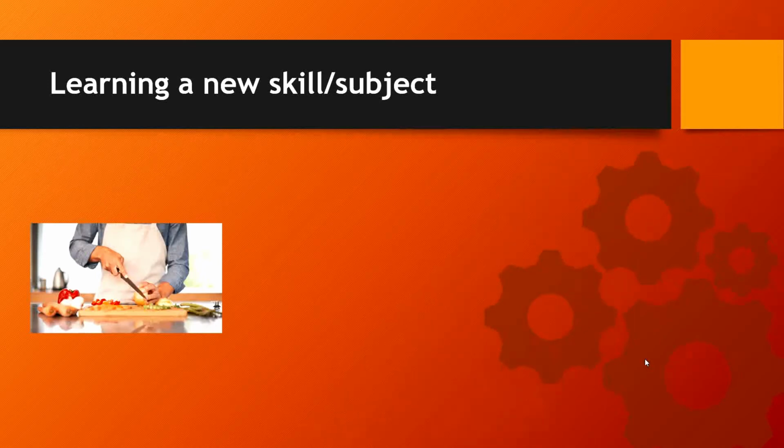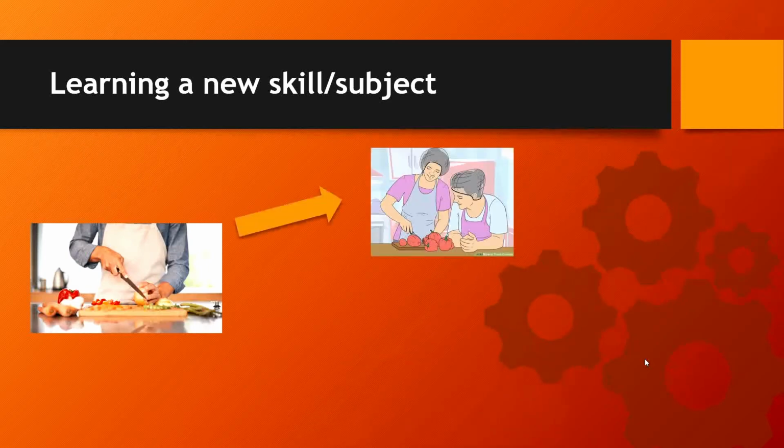Broadly, there can be two ways in which you can learn cooking. The first way can be with the help of a teacher who can be a professional chef, a family member, or even a friend. So you can go to them and tell them that, I want to learn cooking and I want to do it in a proper fashion, right?